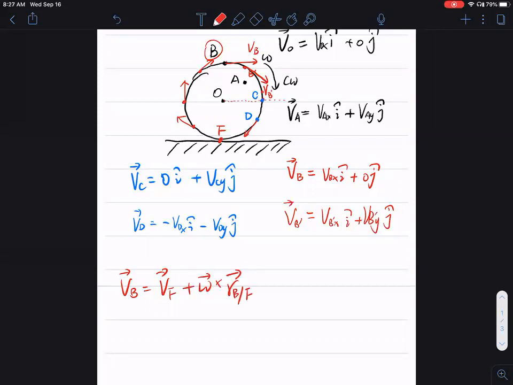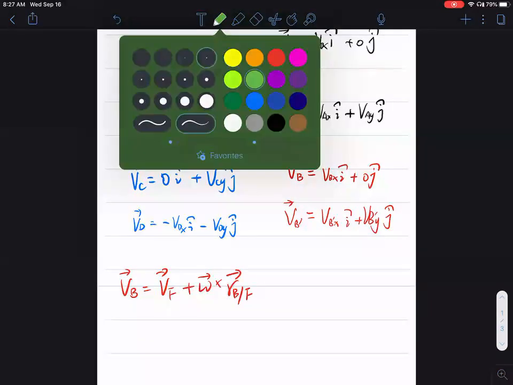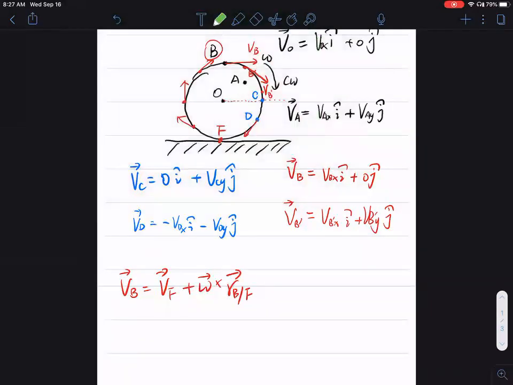And here I can answer Ashley's question. That position vector RB/F means it's a vector that starts from point F and points to point B. So if I draw that vector, it should be a vector starting from point F and pointing to point B. That's the vector RB/F.